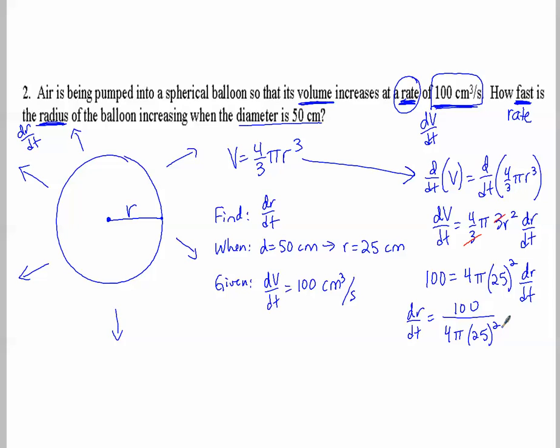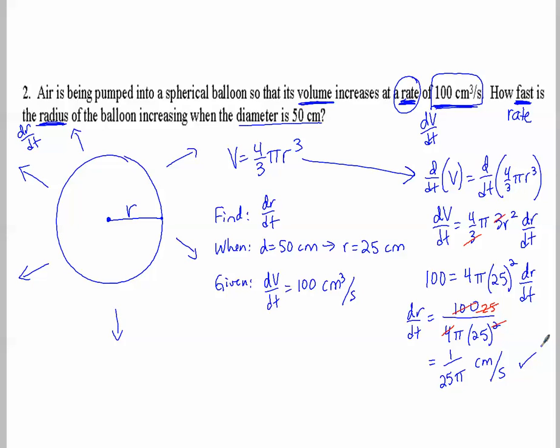Simplify it so that you see an answer that makes a little bit more sense. So we can take 4 into 100 25 times, then get rid of the 25 with one of those 25s, and without a calculator we can leave a simplified answer as 1 over 25 pi. Now the radius is measured in centimeters, so centimeters per. The time is measured in seconds, so centimeters per second.